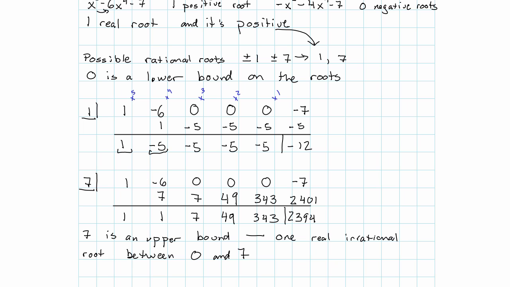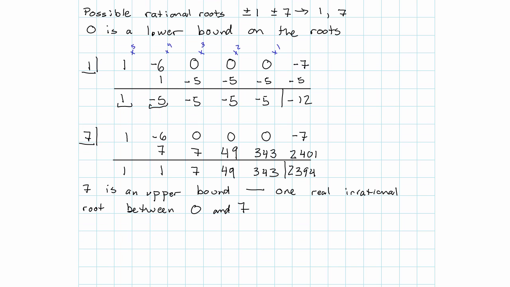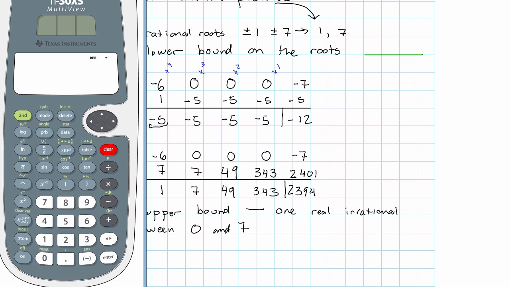Okay, we'd like to narrow it down further than between 0 and 7, and we're going to get our calculator's help for that. Just to save a little space on my page, I'm going to put my XY table here in the upper right corner. I want to look at x values and y values.